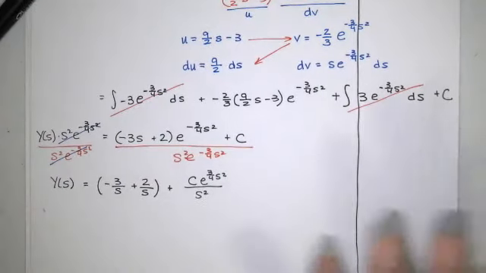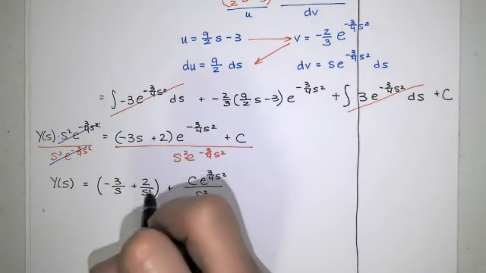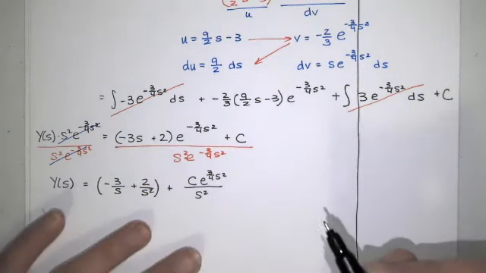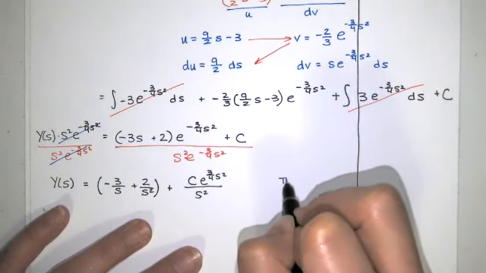Now, if Y of t is a piecewise function of exponential order so that we're guaranteed that Y of s exists, then as s goes to infinity, Y of s should go to 0. Let me write that down.